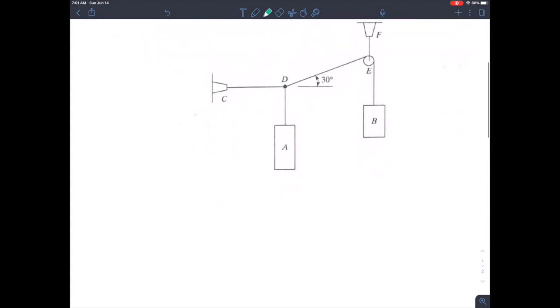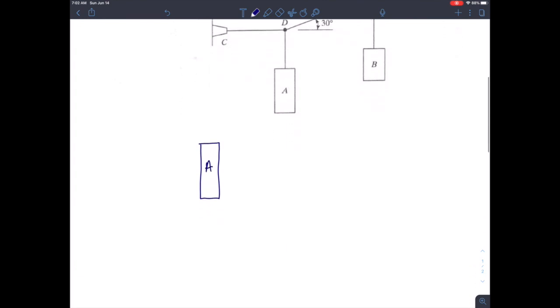Okay, if I get started, I would consider cylinder A. So I draw a rectangle to represent that cylinder. What are the forces acting on A?